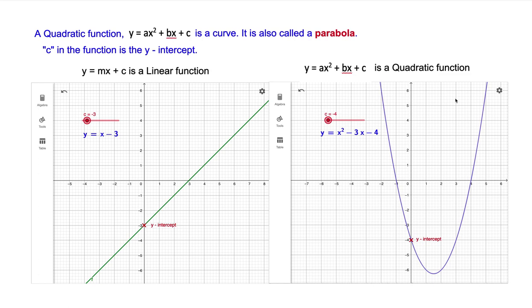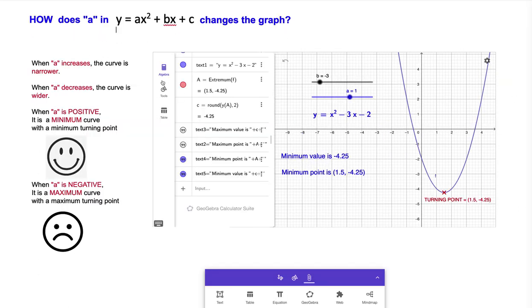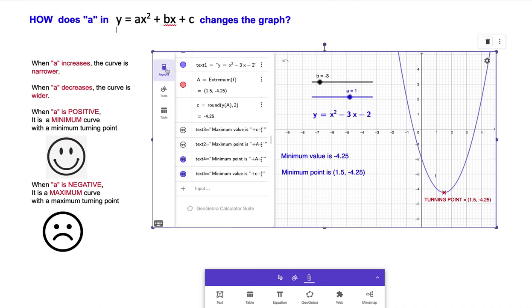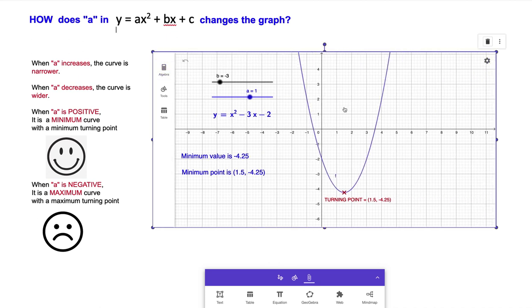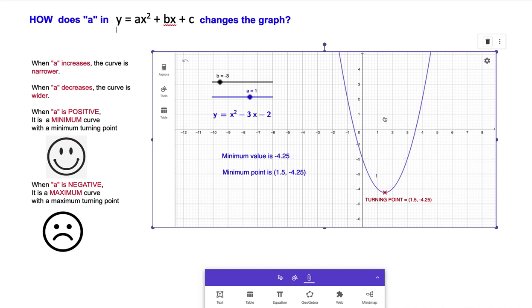Now let us take a look at the next coefficient, which is the coefficient of x squared. We now want to see how a, which is the coefficient of x squared, changes the graph. Now let's see what happens when we increase the value of a.